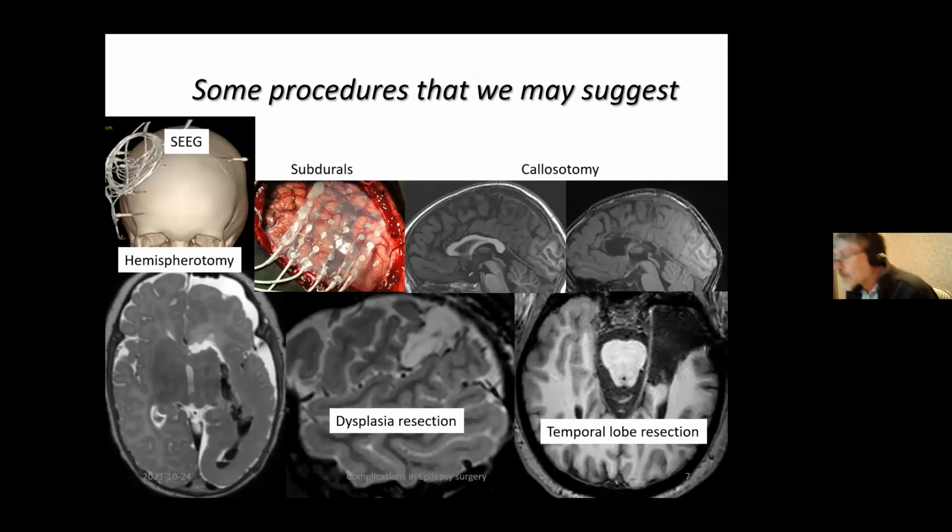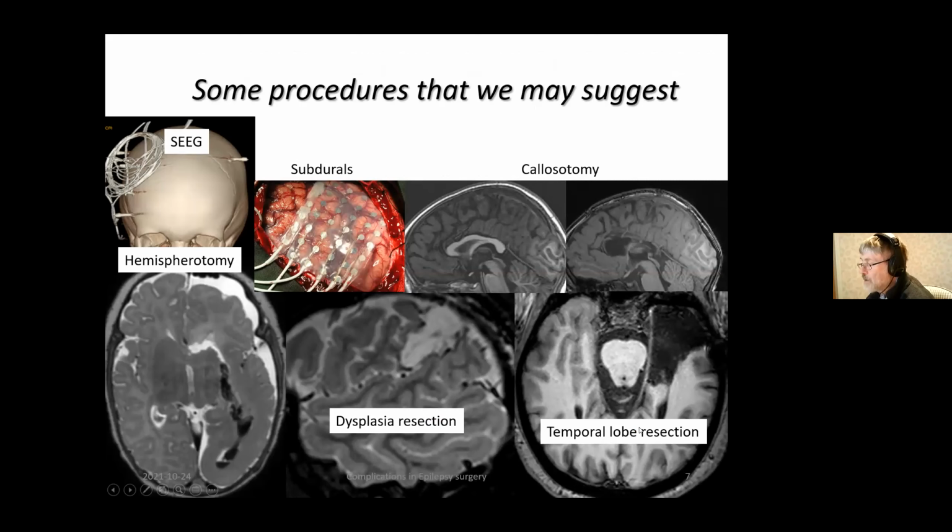So let's remember that what we actually do when we talk to a patient or to the parents of a child is that we suggest SEEG, we suggest subdurals, we suggest callosotomy, we suggest a hemispherotomy, we suggest a lesional resection, or we suggest a temporal lobe resection.